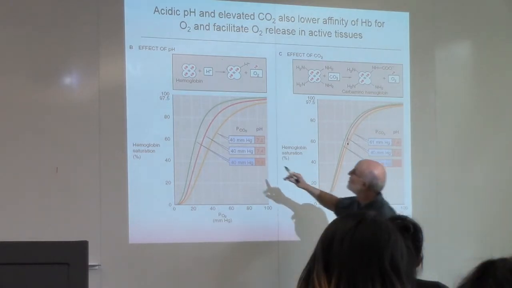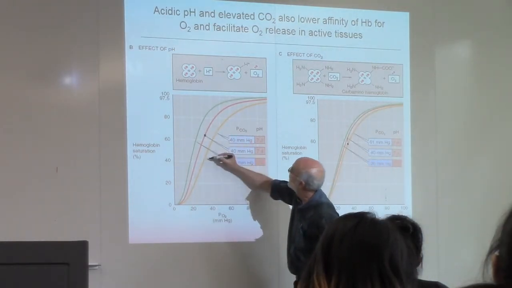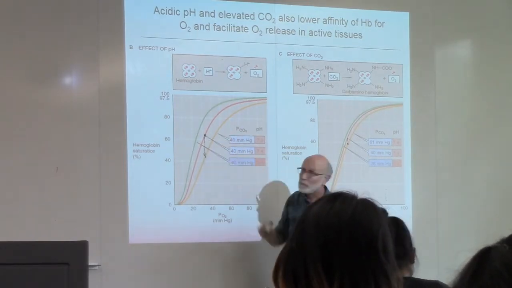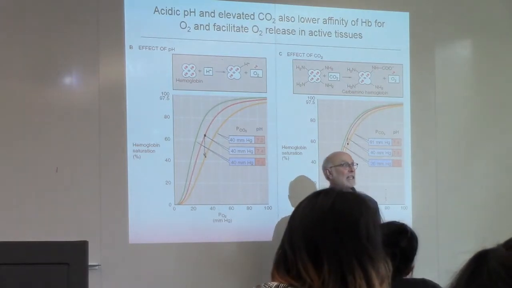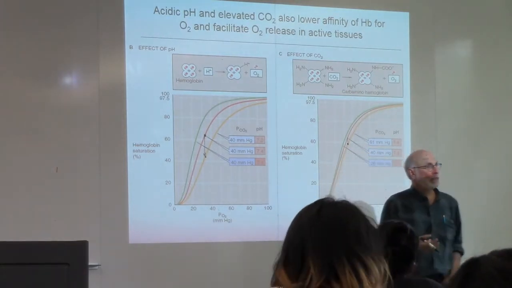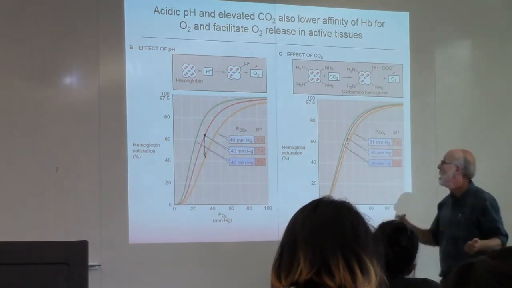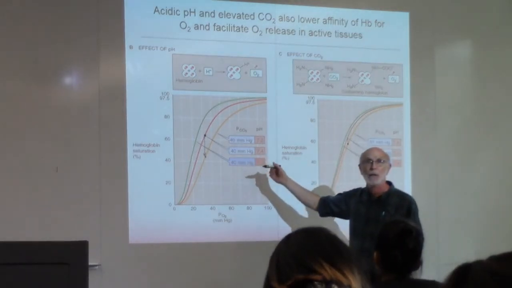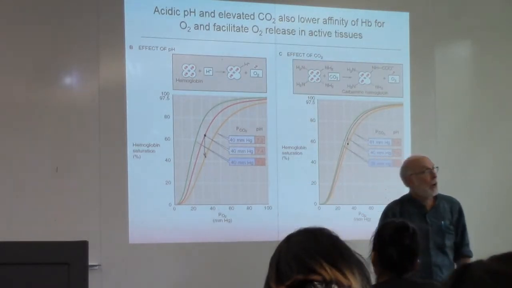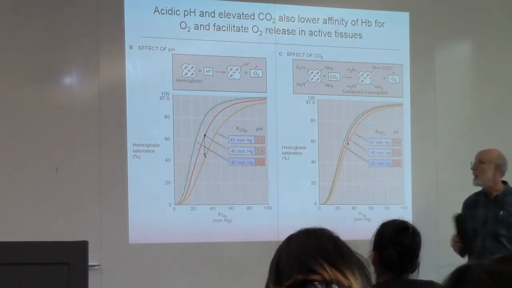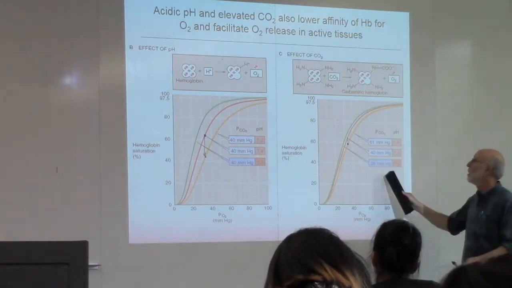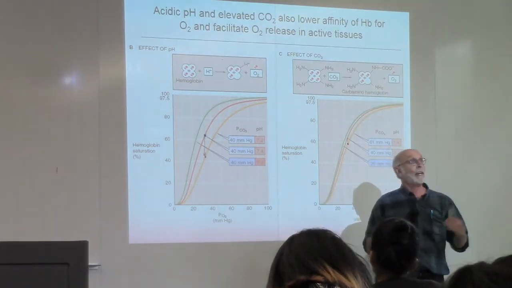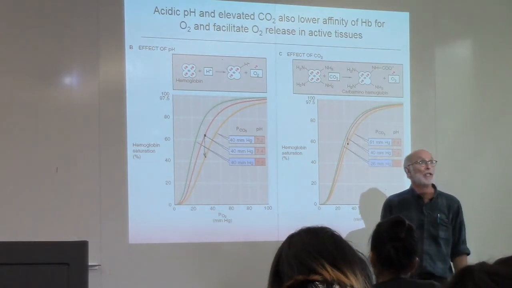And acid, here's normal, here's acidic pH. Acid also helps hemoglobin let go, unbind its oxygen. So high temperature, high CO2, and high acid, low pH, help hemoglobin let go of its oxygen so that it can be delivered to those tissues that are hot, like muscle, rich in carbon dioxide, like muscle, low in pH, like muscle, especially during exertional exercise.